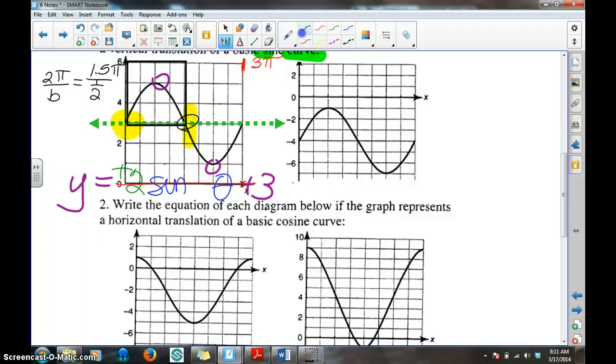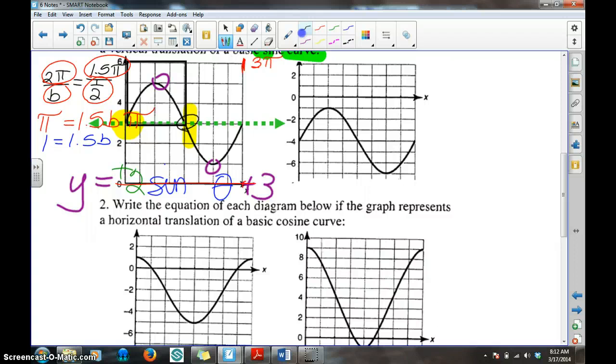After that, you're just going to cross multiply and find b. 1/2 times 2 pi is 1 pi. And b times 1.5 pi is 1.5 b pi. Now the pi's cancel on both sides, and you end up with 1 equals 1.5 b.